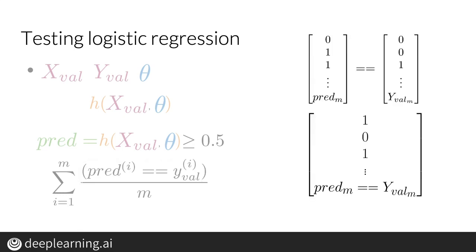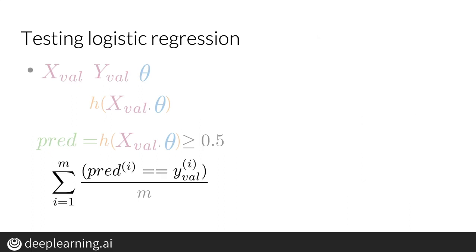For instance, if your prediction was correct, like in this case where your prediction and your label are both equal to 0, your vector will have a value equal to 1 in the first position. Conversely, if your second prediction wasn't correct, because your prediction and label disagree, your vector will have a value of 0 in the second position, and so on and so forth.